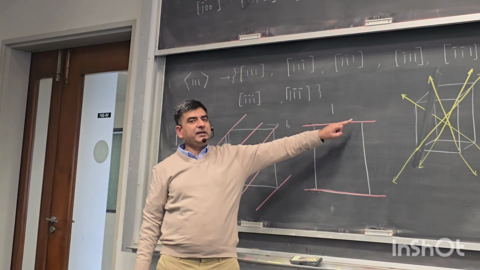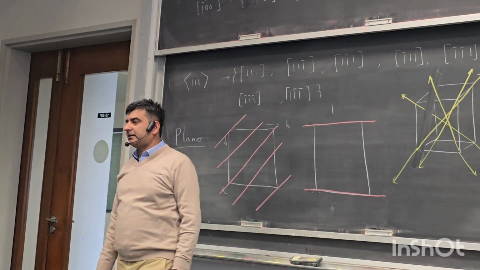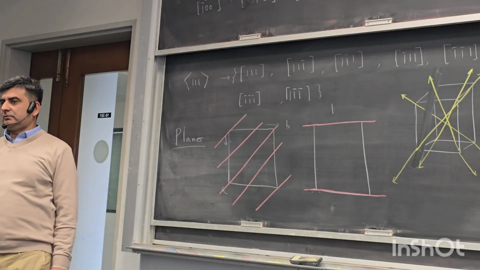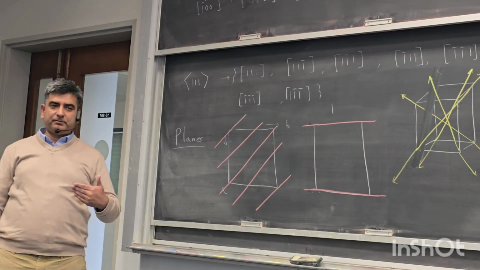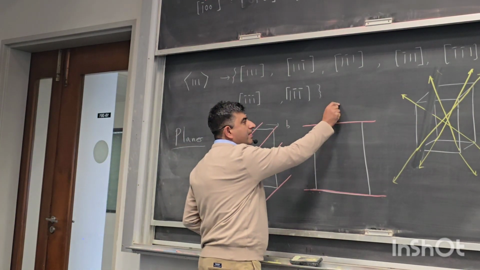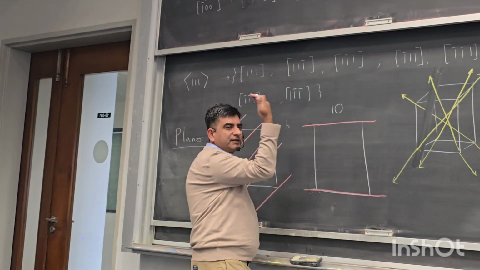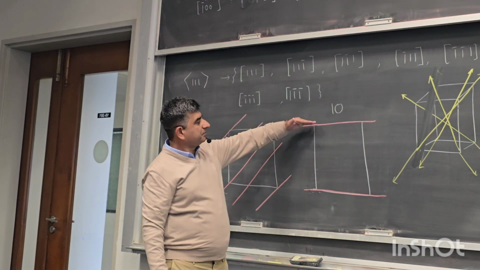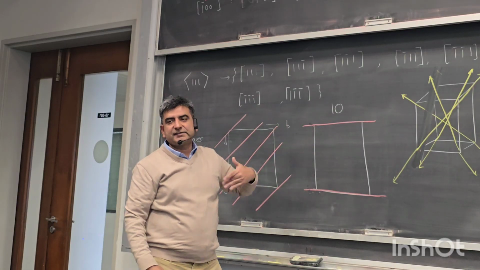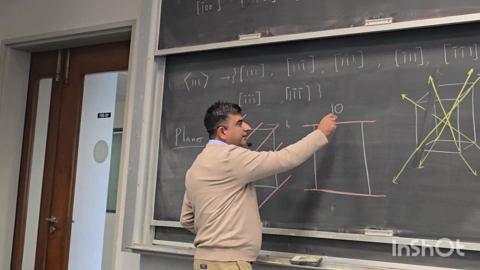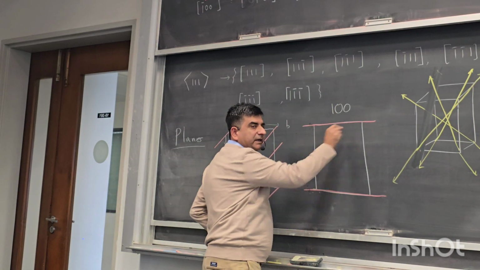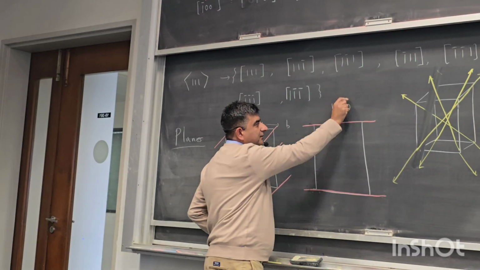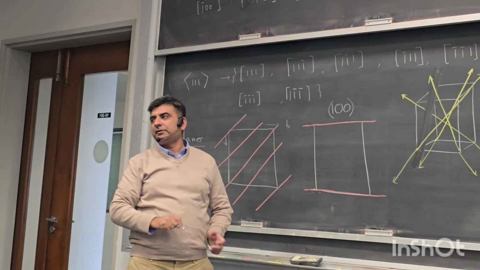As I move along the B axis, I never see a plane that crosses because I'm moving actually parallel to the plane, so I put 0. And if I move along the Z axis, the C axis, since the plane is out of the plane of the grid, I still do not see it crossing. So I write another 0. So these planes will be designated as 1, 0, 0.